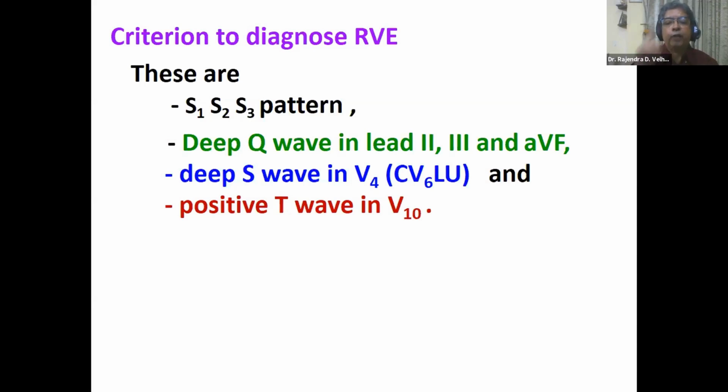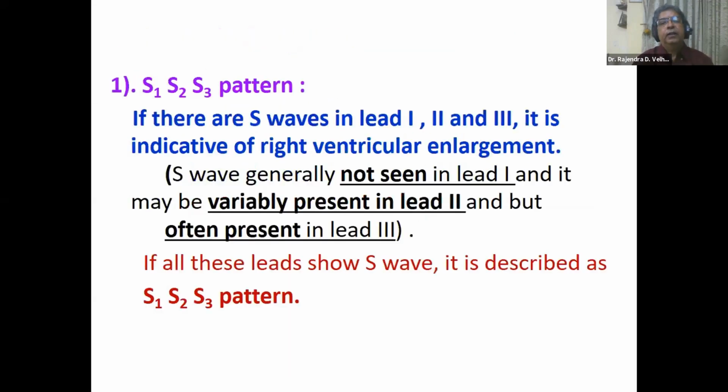The T wave should always be negative, remember, in all dogs except the Chihuahua. In the Chihuahua, it is always the opposite. So if the T wave is positive, it's an indication of right ventricular enlargement. Now first, let us see what this S1, S2, S3 pattern is.